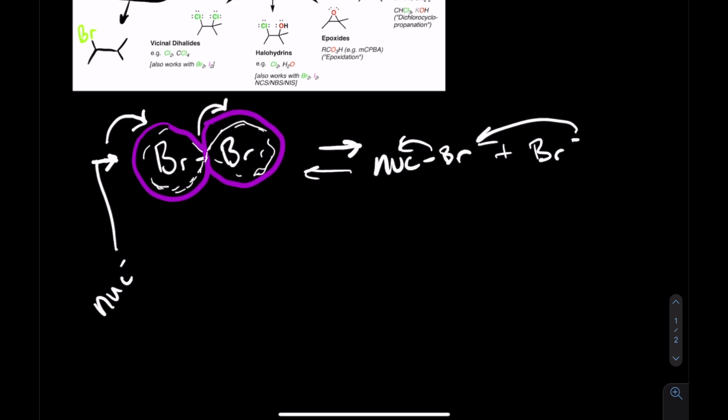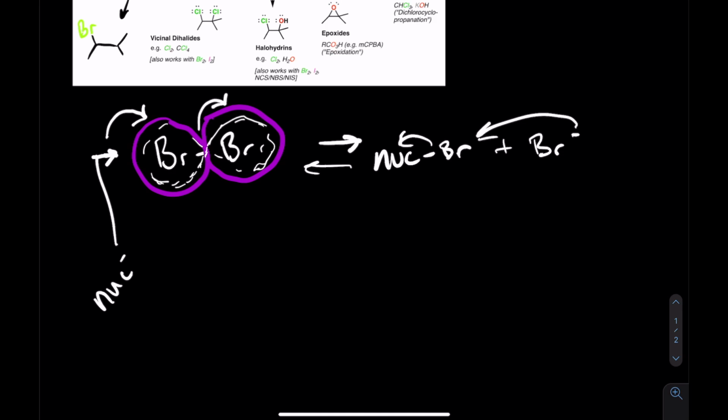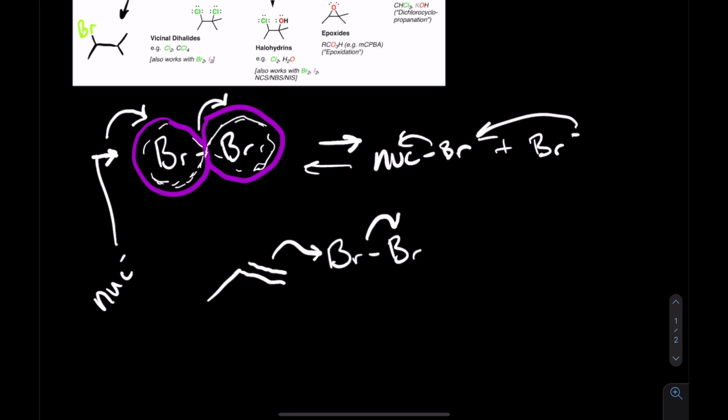But in the case of a double bond, what you end up with is something similar to your mercury example, where you have a double bond that attacks your bromide, and that kicks electrons over onto that, and then you end up with a bromonium ion that kind of looks like this.